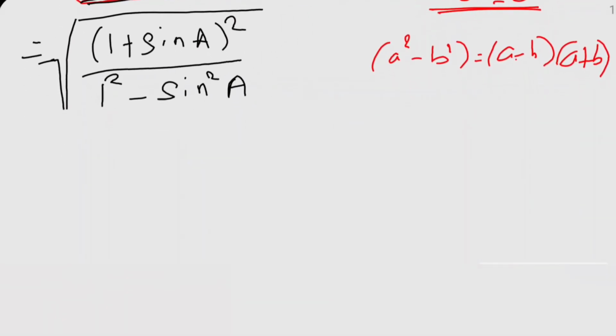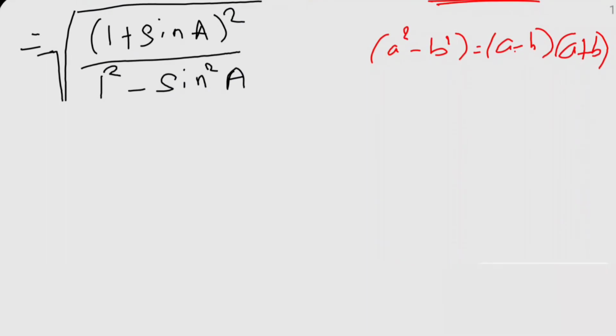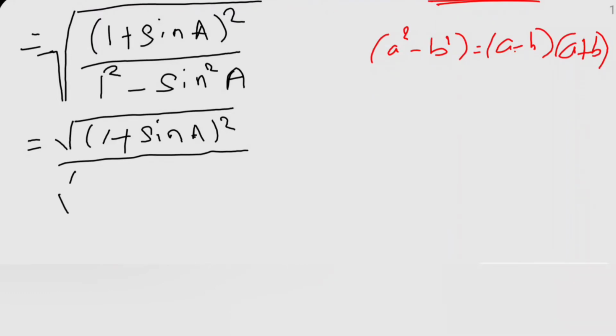So now in the next step take roots separately. So it will become root 1 plus sin A whole square, this divided by root 1 square minus sin square A. So now here square and root get cancelled.